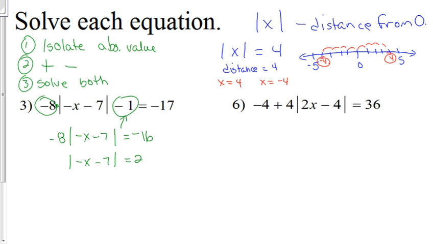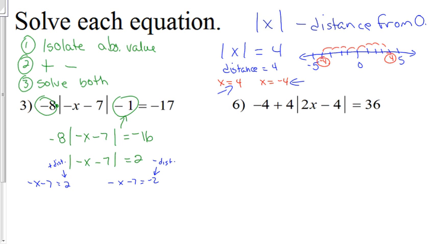So what's next then? Now remember, we have two answers. So we have negative x minus 7. Whatever's inside there is equal to the 2 that you see, but we also have negative x minus 7 is equal to negative 2. We have to take into account the positive distance, but we also have to take into account the negative distance, both directions.